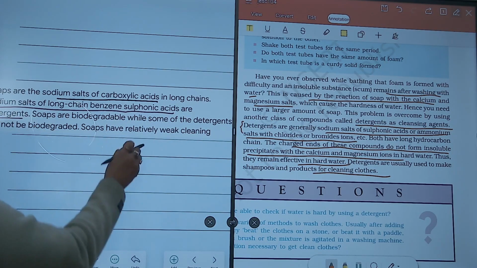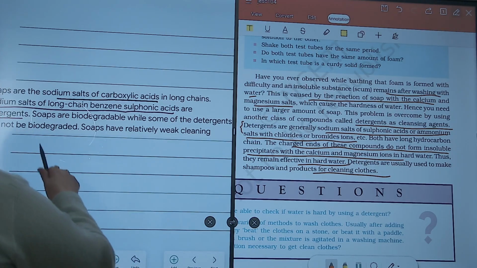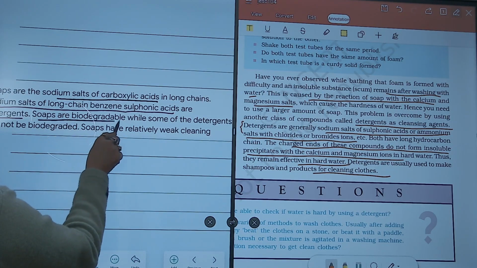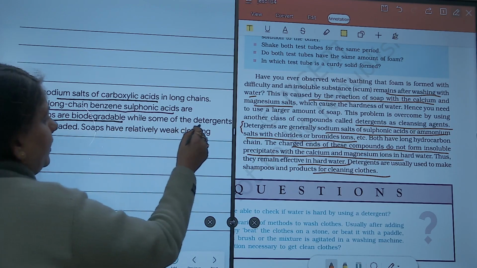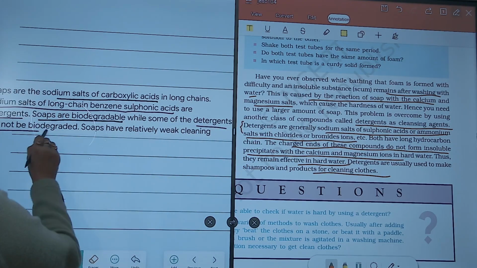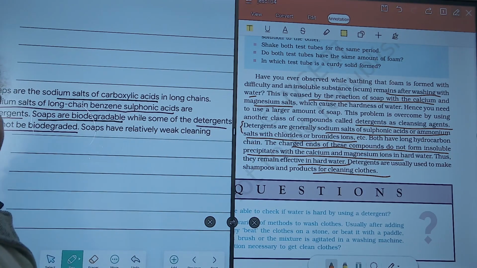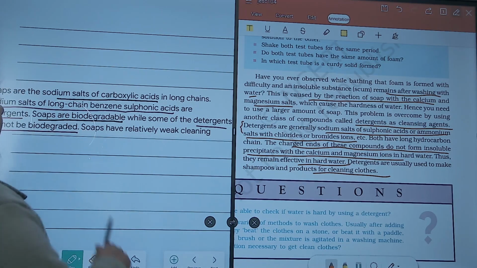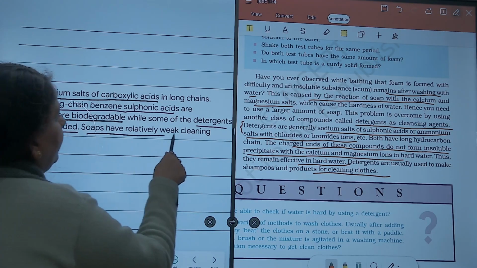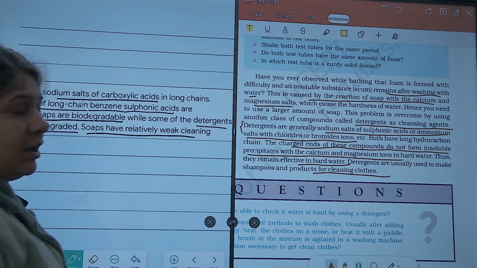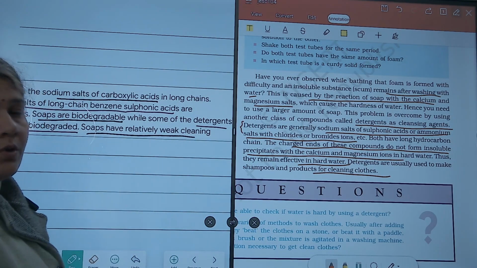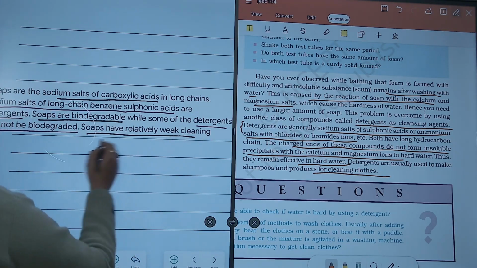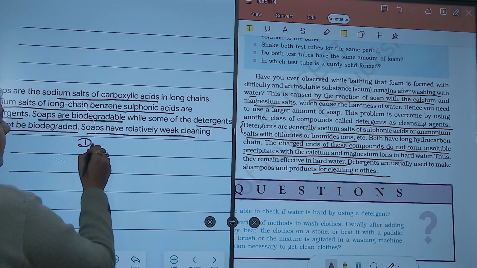The formula that I wrote. Another is soaps are biodegradable while detergents cannot be biodegraded. This is the second point. Now the third point, soaps have a relatively weak cleaning action while detergents have strong cleaning action.